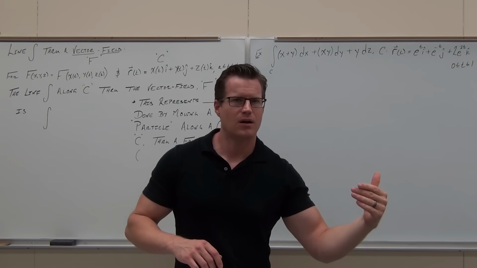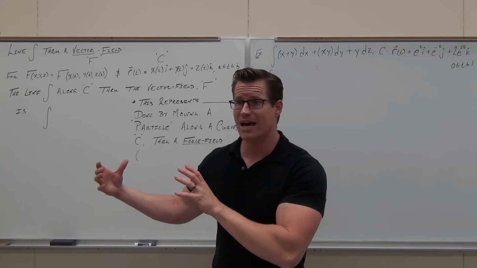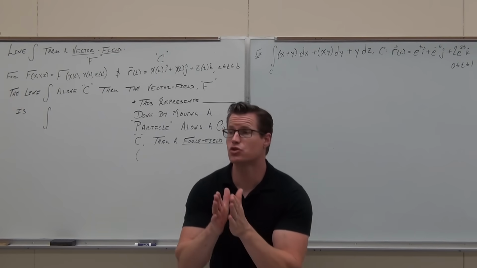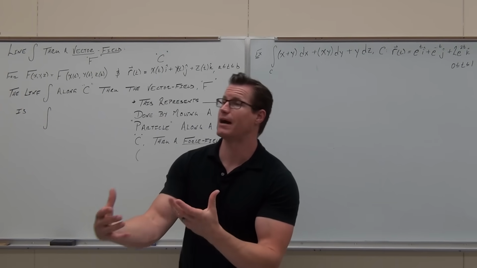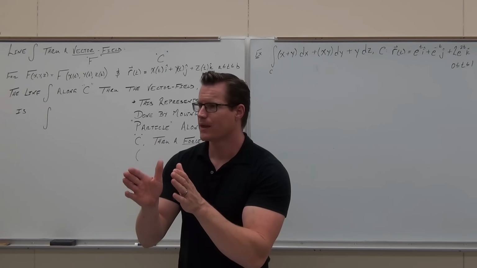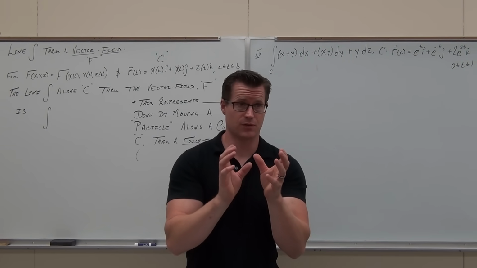Do you remember that? In the last example, when we didn't have a ds, even if you have a vector function, we don't need to take the derivative and find the magnitude unless we have the ds. Nod your head that you understand that. The derivative and the magnitude is what lets us substitute for the ds.